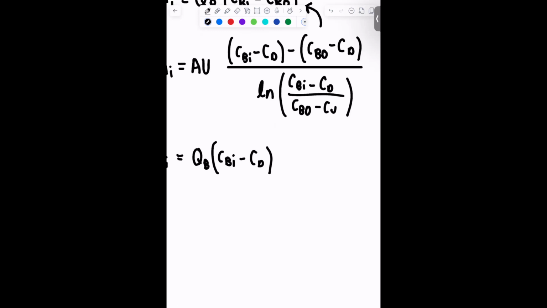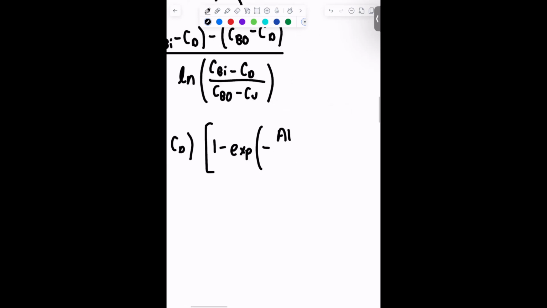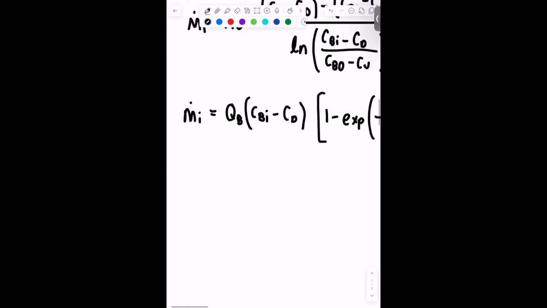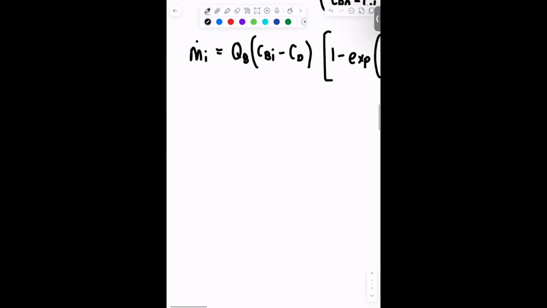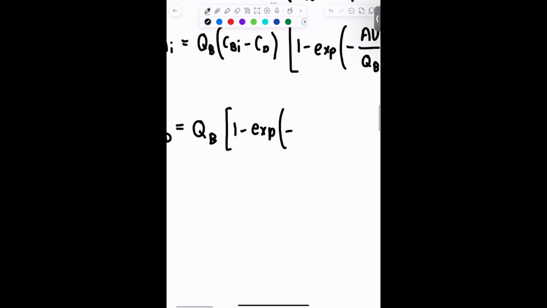And then using this past equation, we have 1 minus the exponential of negative AU over QB. And subbing that into our dialysance equation, we have DD, which is the dialysance, equals QB, which is the blood flow rate, times 1 minus the exponential of negative AU over QB.